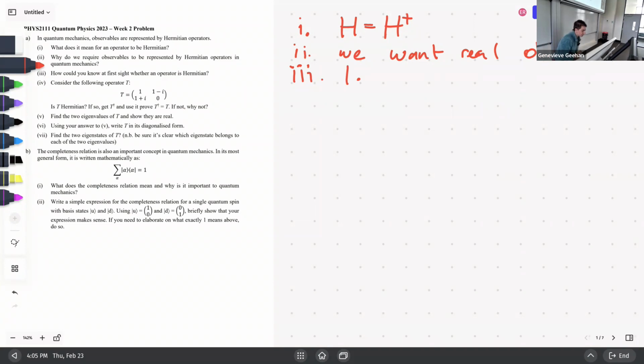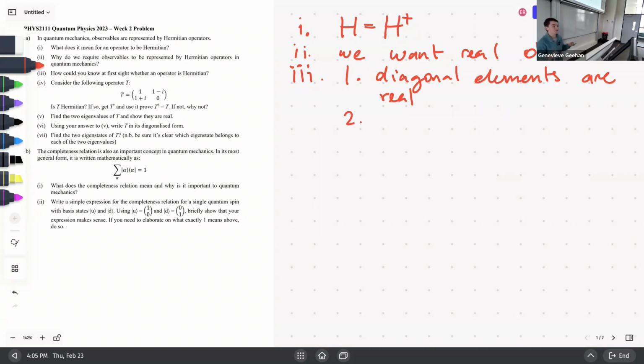One, the diagonal elements are real. And two, the symmetric off diagonal elements are complex conjugates.